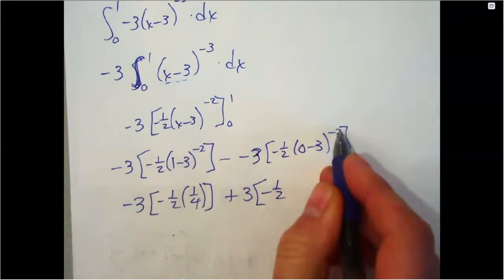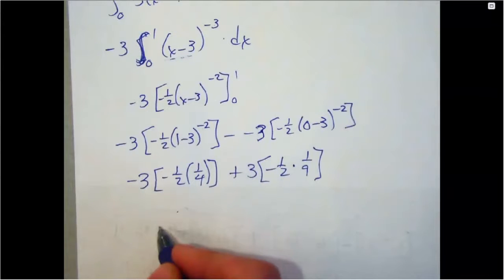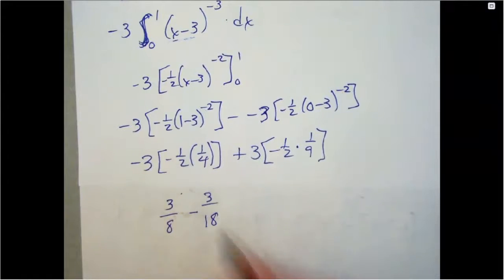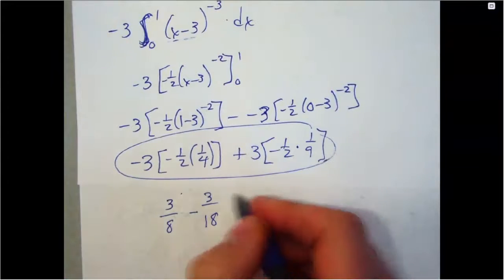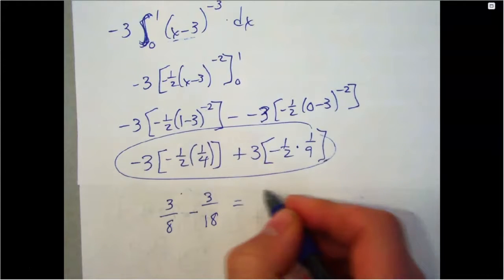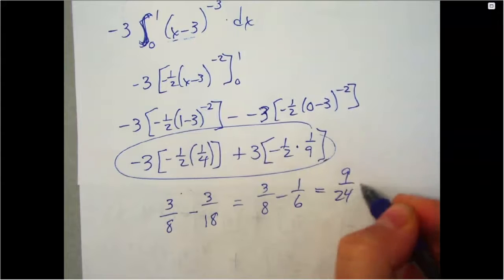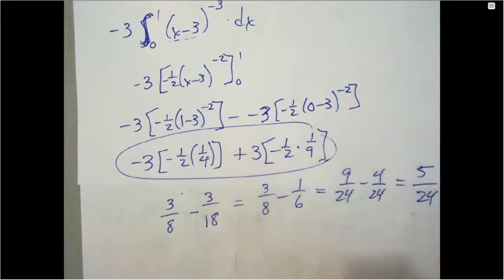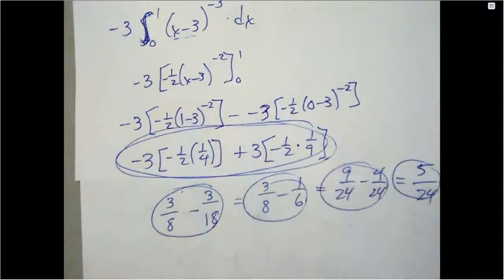Negative 3 to the negative second is 1/9. So this looks like 3/8 minus 3/18. And really, you can stop there too. That comes out to, I know it's 5/24 if I do a common denominator, 9/24 minus 4/24. So yeah, 5/24.